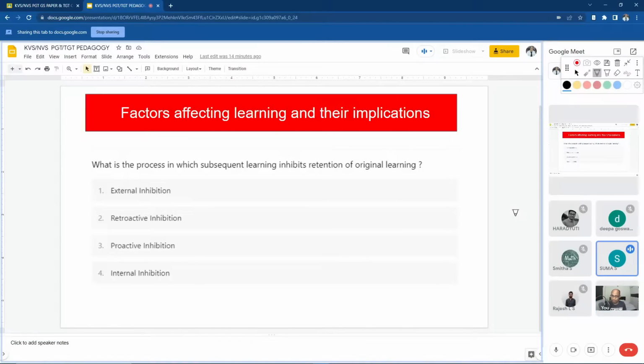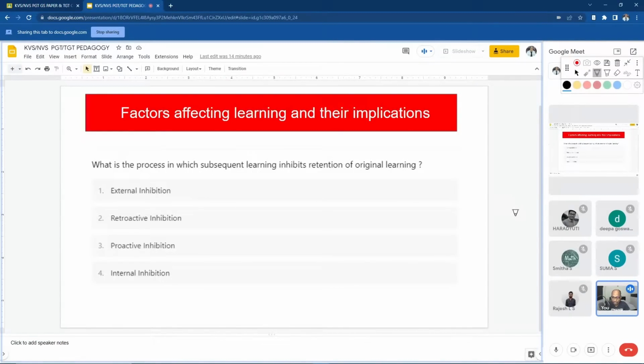Next question to Suma ma'am. What is the process in which subsequent learning inhibits retention of original learning? Option 1, external inhibition. Option 2, retroactive inhibition. Option 3, proactive inhibition. Option 4, internal inhibition. Let us understand this difficult question.